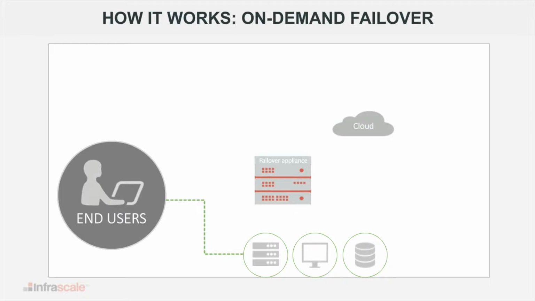So we've got the on-prem failover appliance that's going to be installed locally, and then we're also going to have that cloud component, right? So the on-prem appliance might be a virtual appliance or physical appliance, and then the cloud-based service like would run on any public or private cloud.